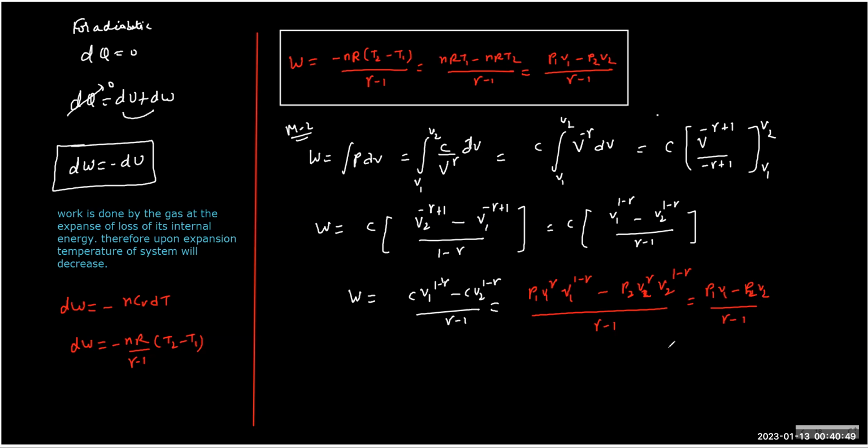Is this clear, guys? How we have done this? So this is the trick part. So I substitute the C as per my convenience to get the nice answer. Okay. So that's from the adiabatic process.